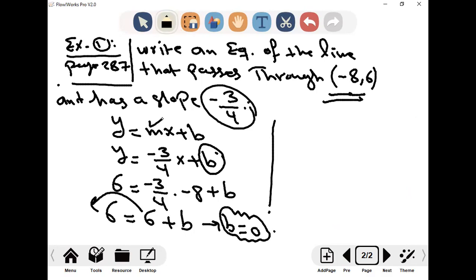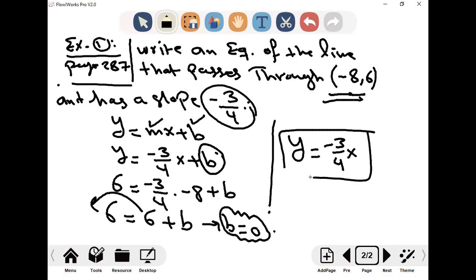Now I have m and I have b. This is the equation. This is how we check if this equation is correct.